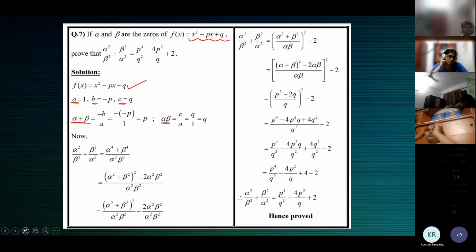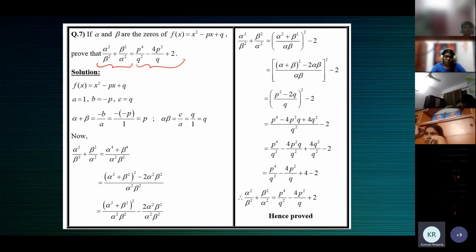Now, see what is required to be done. We need to show that this expression is equal to what you see here. You need to show that this one is equal to this one, for which you need to take up this LHS, work this, and get this as the result. See, we are given this quadratic polynomial.